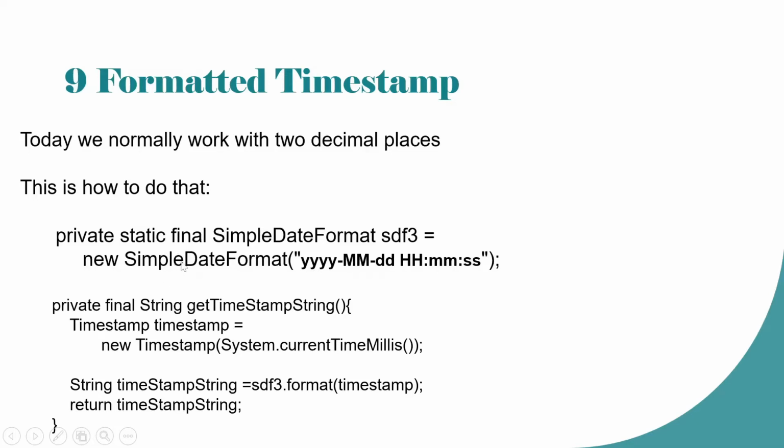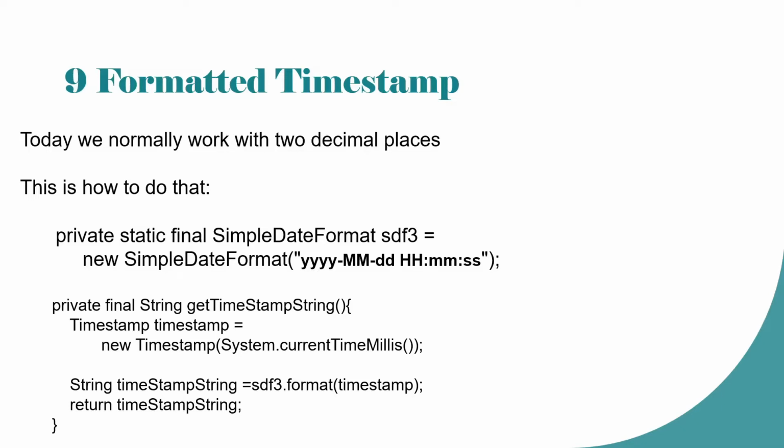Using the simple date format in this line here, we've now specified the format as I mentioned. So having this as a constant, when I want to take the current time, I will say timestamp is new Timestamp, and I pass it the System.currentTimeMillis. So this is going to take the time in the clock on your computer, in milliseconds. And it's basically milliseconds from a certain year.